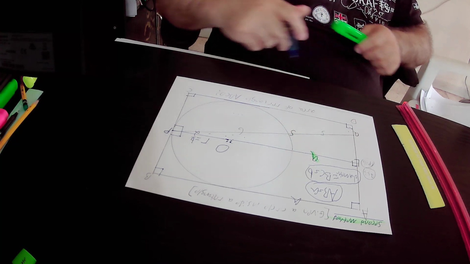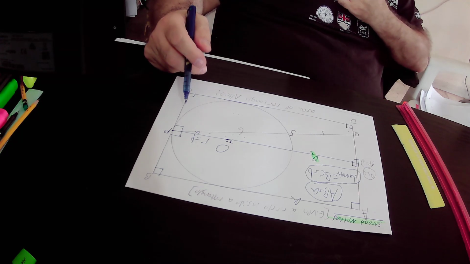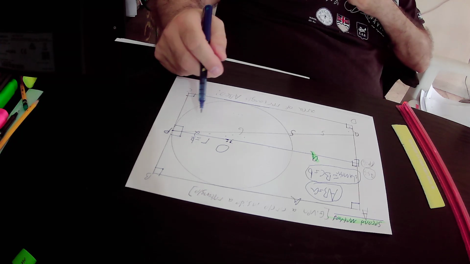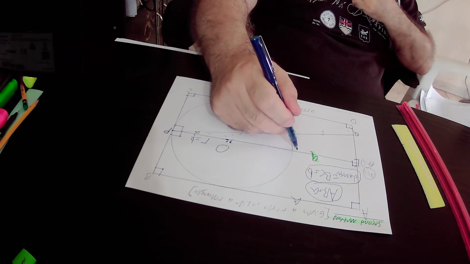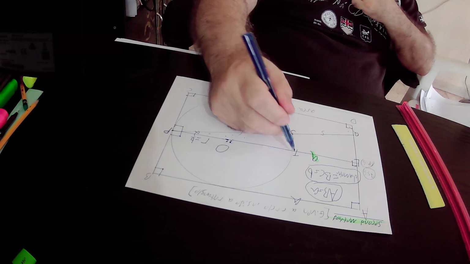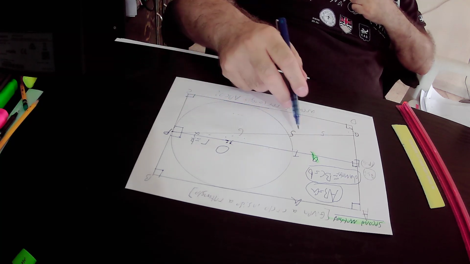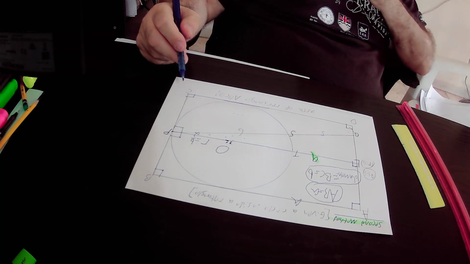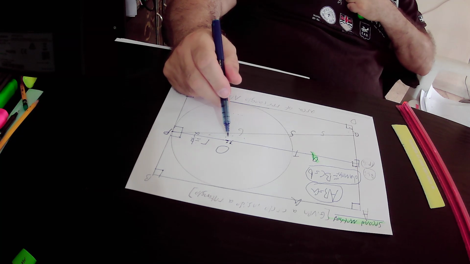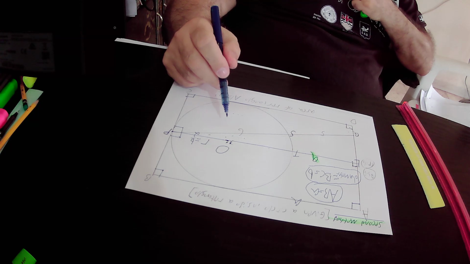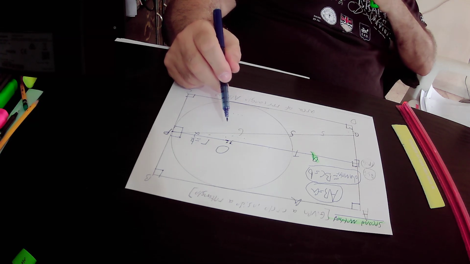We define the touching point of the extended radius PO and the circle as T. We have here chord TP, and chord TP passes through the center of the circle, that is point O. Any chord that passes through the center of the circle must be the diameter of the circle.